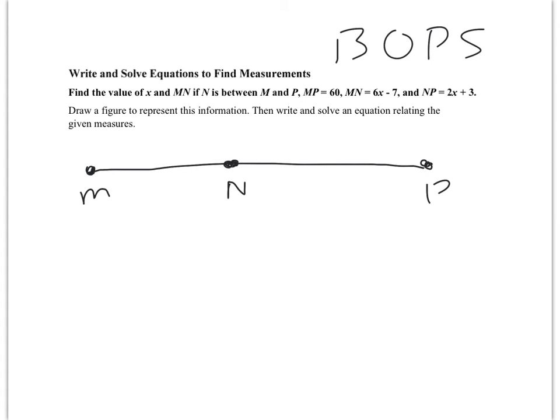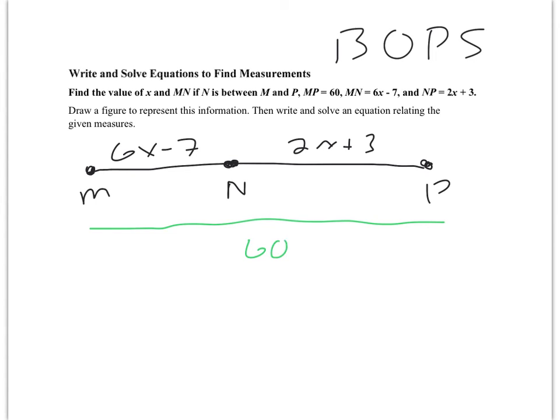Between the endpoints, MN is going to be 6x minus 7. So I'm going to use my picture now and draw 6x minus 7. NP is 2x plus 3. And the total length, MP, is 60. I'm getting all this from the problem.